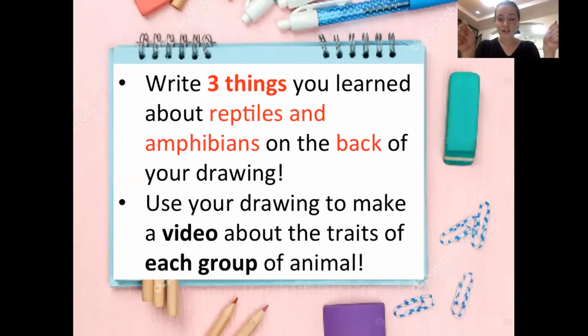So show your picture and then say the traits. Show the picture for the next animal, say the traits for all 6. I'll send a video of me doing an example with one online. So yours will be one you drew. But I'll show an example of what you're supposed to say, okay?